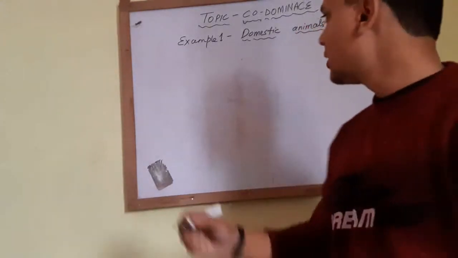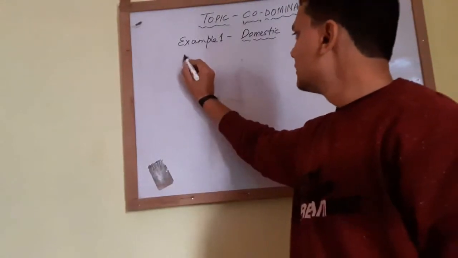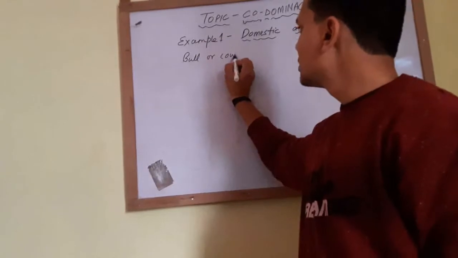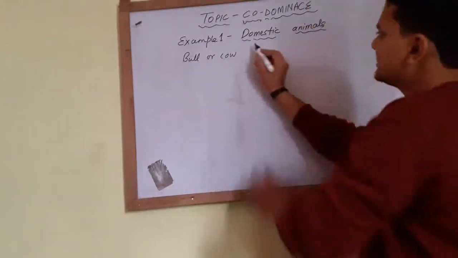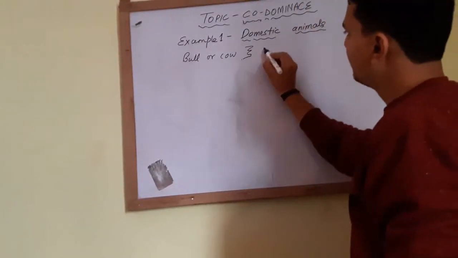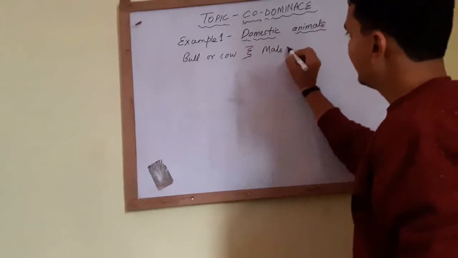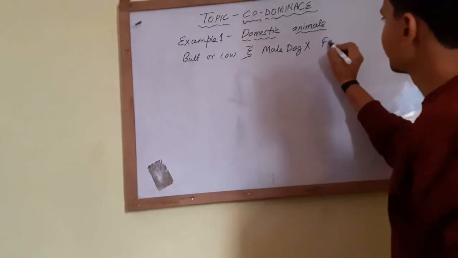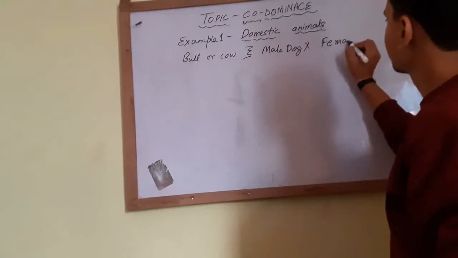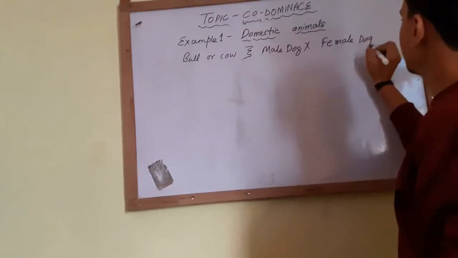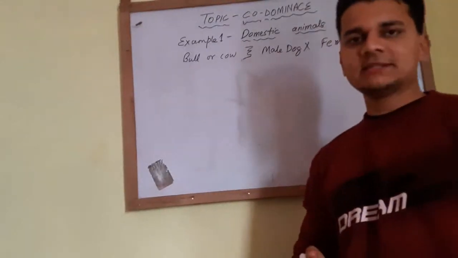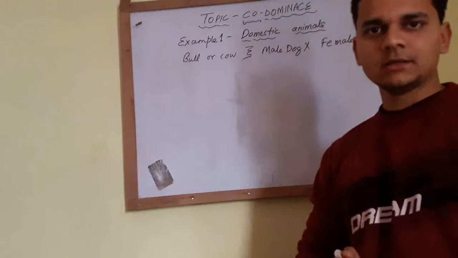When we talk about a bull or cow, or the cases we can take are a male dog and a female dog, these are certain cases where codominance can be seen.